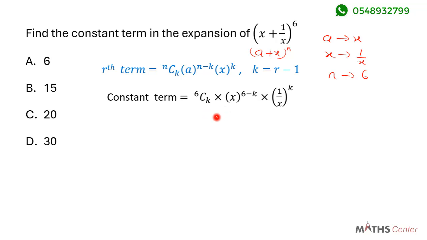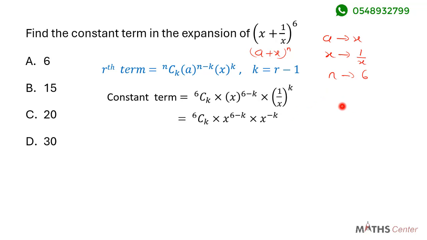Let's continue with the simplification here. This gives us 6 combination k times x exponent 6 minus k times 1 divided by x exponent k gives us x exponent negative k. We learnt this from indices. 1 divided by x exponent k gives us x exponent negative k.